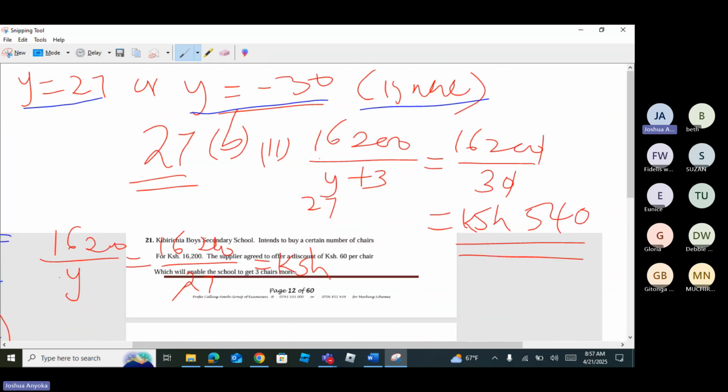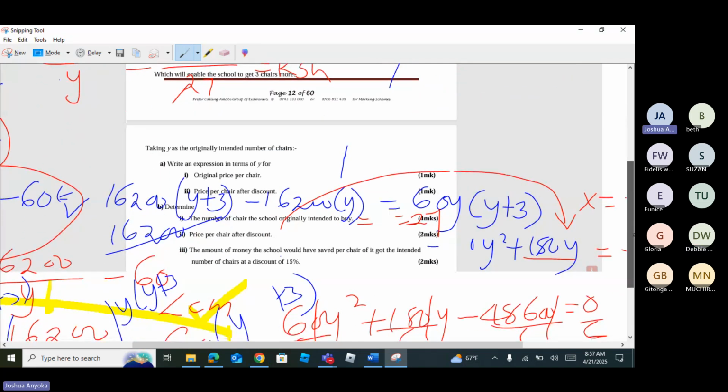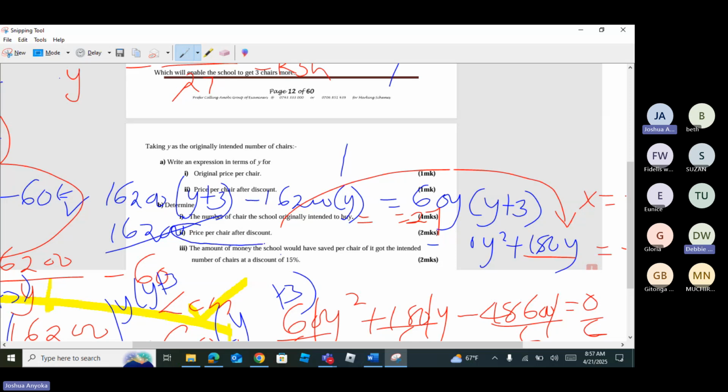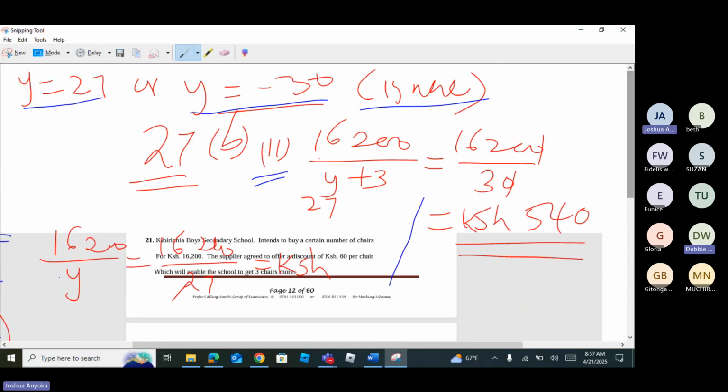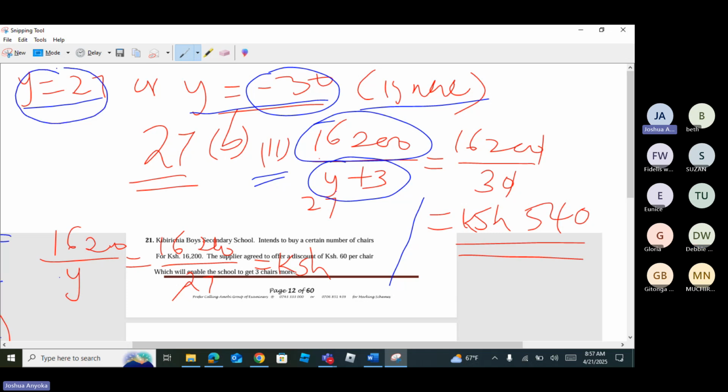Then we get back to Roman B, where we are told the price per chair after discount: 16,200 divided by the number of chairs, y plus 3. Because we had to ignore negative 30, we work with 27. So 27 plus 3 is 30. Divided by, we get 540.